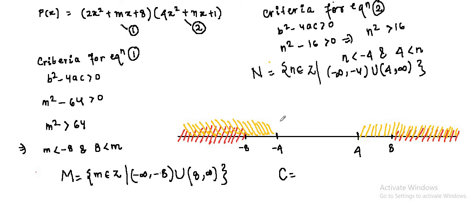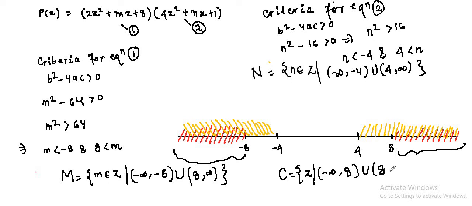It is very clear that the intersection will be Z, such that from minus infinity to minus 8 and from 8 to infinity, because you can see that the common shaded portion will give you the intersection. So it will be minus infinity comma minus 8 union 8 comma infinity.